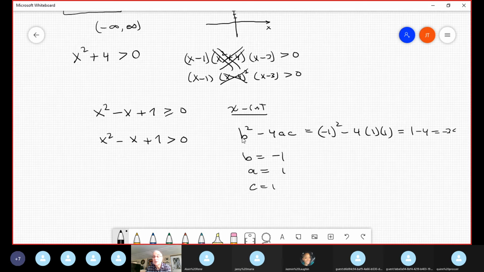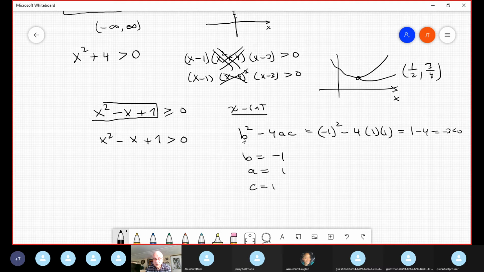Negative 3 is negative, so this parabola never crosses the x-axis. By the way, the vertex, out of curiosity, is 1/2, 3/4.